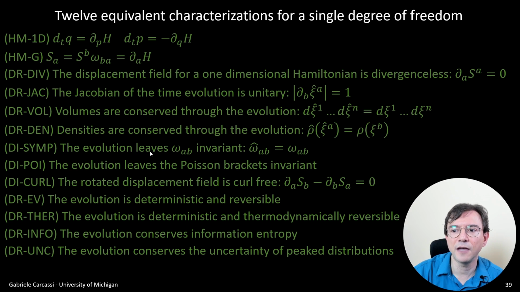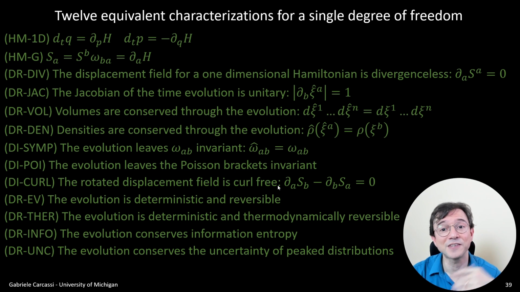We saw that the evolution leaves this omega invariant, and this omega is the symplectic form that plays a geometrical role in phase space. The evolution leaves the Poisson brackets invariant, because we saw that there is a relationship between the Poisson brackets and this omega. And then the rotated displacement field is curl-free. And of course, if something is curl-free, then it has to be the gradient of something. So again, there is a tight relationship between these two equations. These are the mathematical, geometrical characterizations.